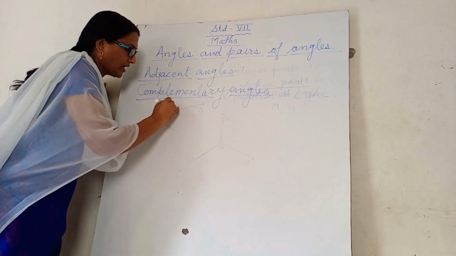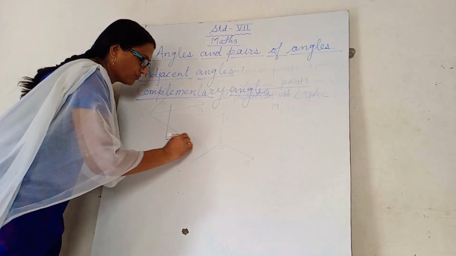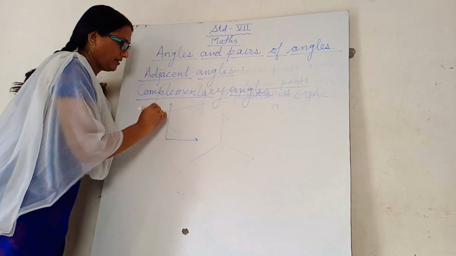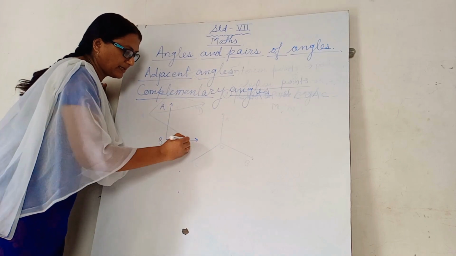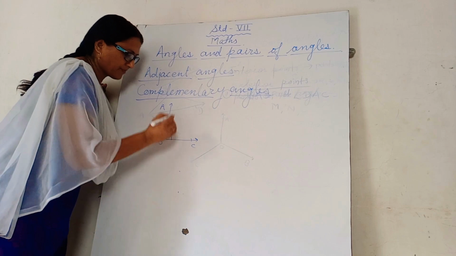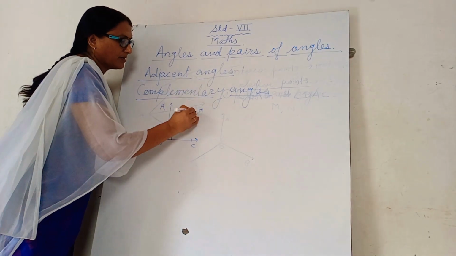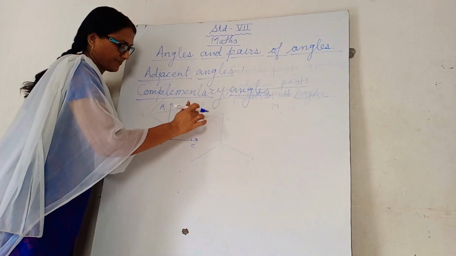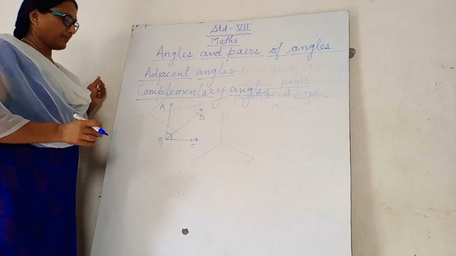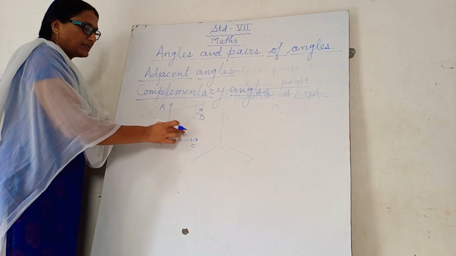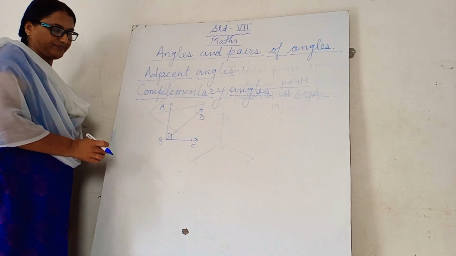For example, with the help of a diagram, I want to explain. Angle ABC is of 90 degrees. Because of BD, angle ABC is divided into two parts.